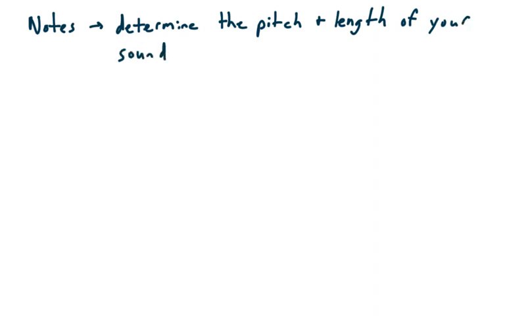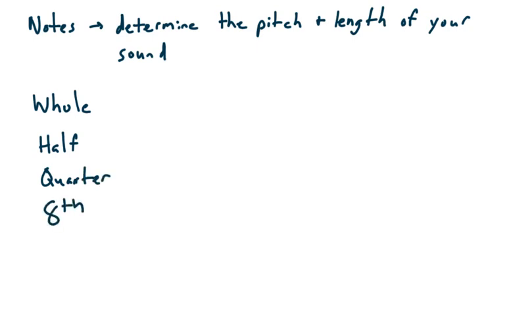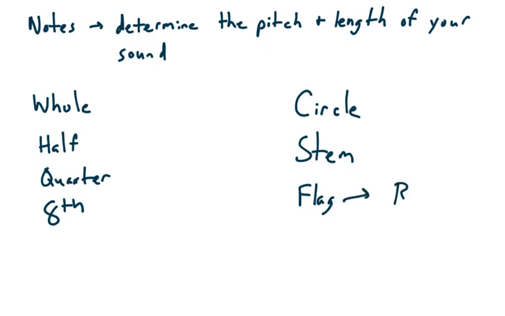We have 4 types that we're going over: whole, half, quarter, and eighth. Parts of the note are the circle, the stem, and the flag. Notes with flags can be beamed. Those are the big concepts you need to know about notes.